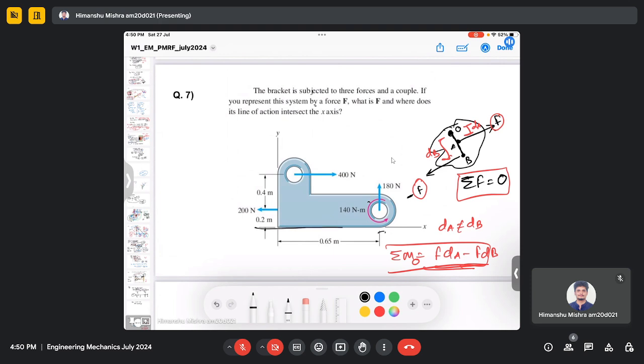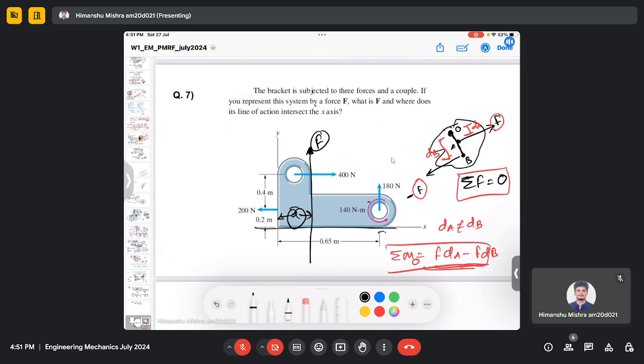So you have this x-axis and you need to find force F. There is some resultant force F and its line of action intersects the x-axis. You need to find this distance d and you need to find this force F.